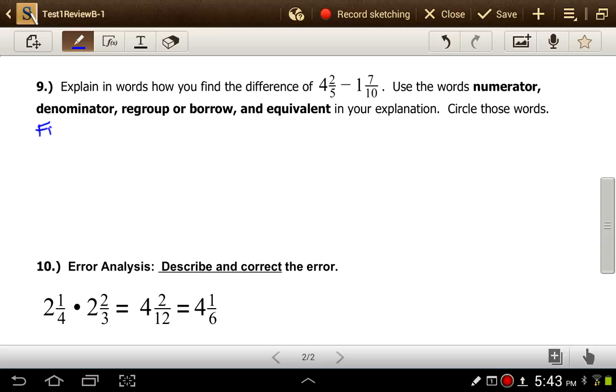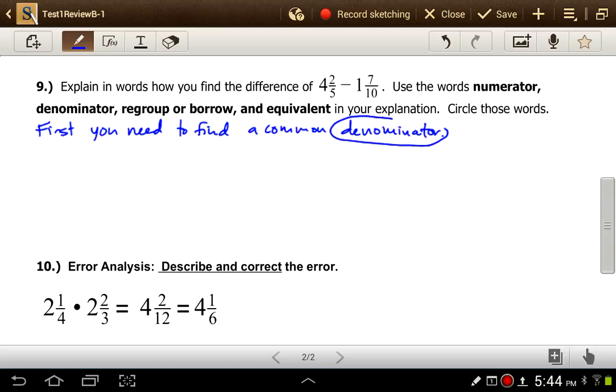Okay, so first you need to find a common denominator. There's my first word, denominator. Okay, to find the common denominator, I have to make equivalent fractions.